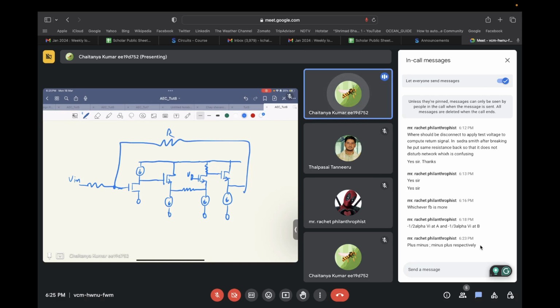So let's say we have this circuit. Now this looks like a fairly complicated circuit. Can you tell me whether this circuit is in negative feedback or positive feedback?